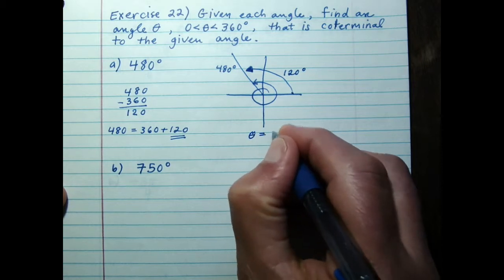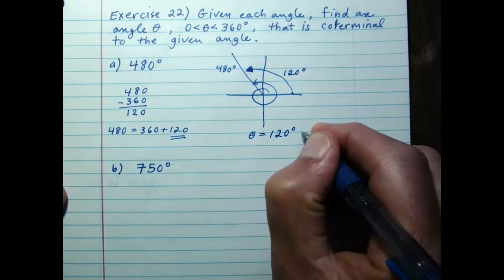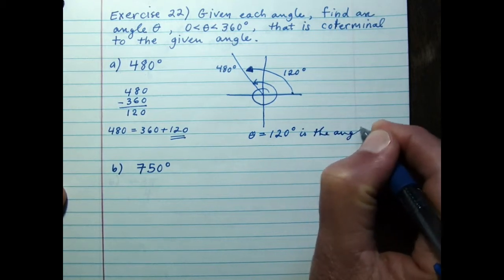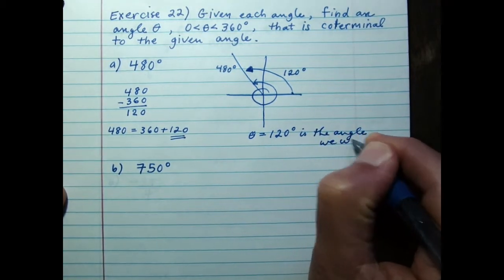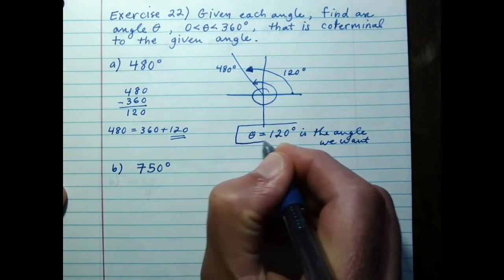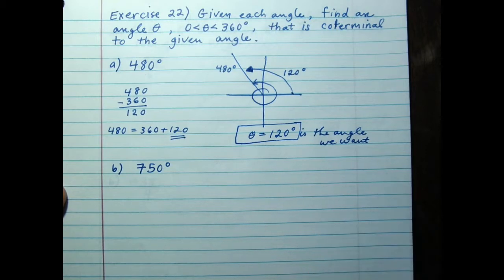So theta equals 120 degrees is the angle we want. It is coterminal to 480, and it's between 0 and 360.